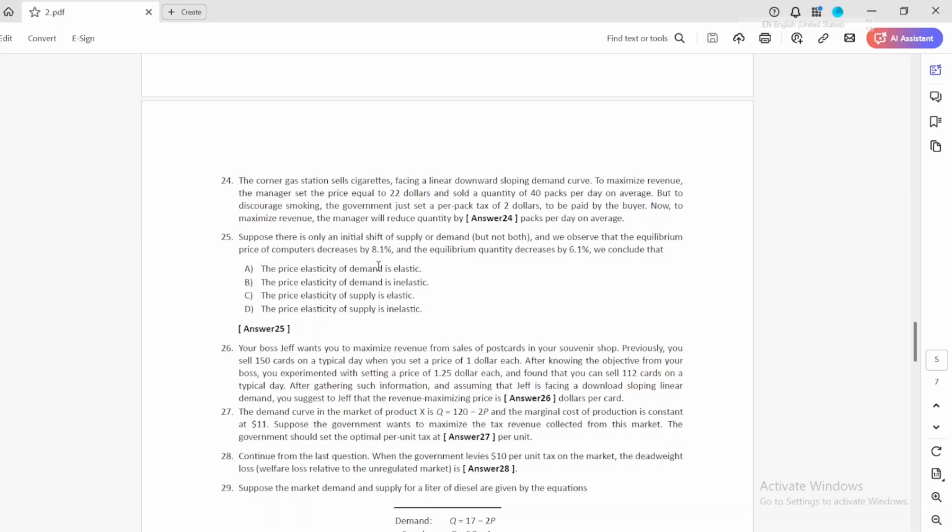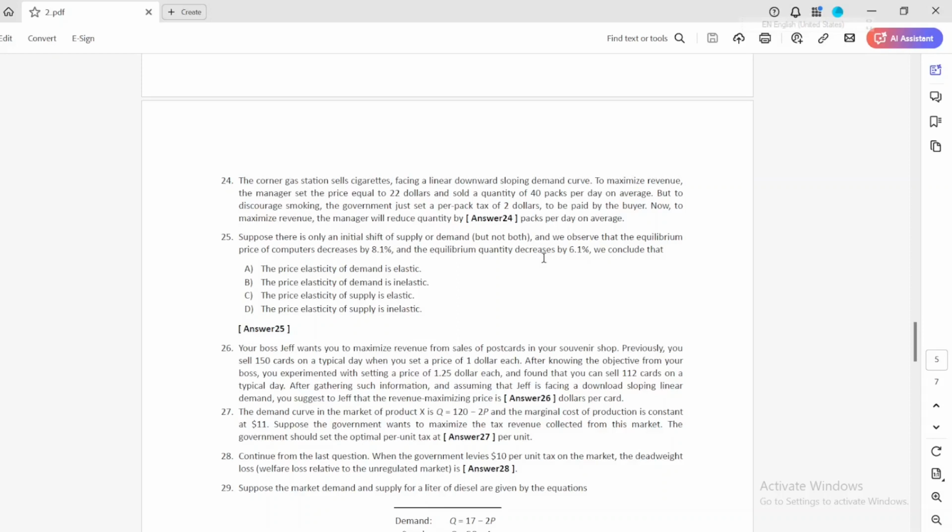Suppose there is only an initial shift of supply or demand, and we observe that the equilibrium price of computers decreases by 8.1% and equilibrium quantity decreases by 6.1%. We conclude that... You can see the price has decreased and the quantity has decreased. So the change is in the same direction in both variables, right?